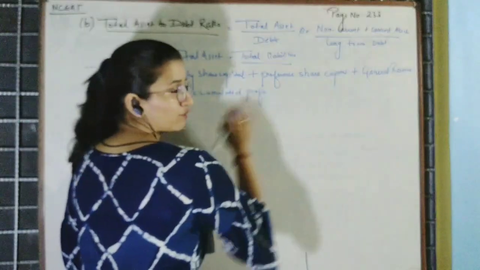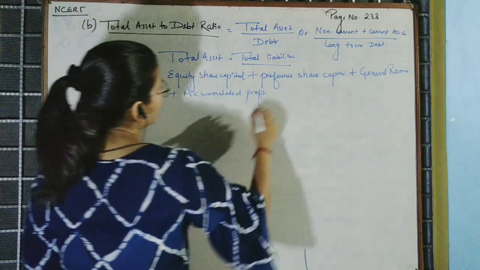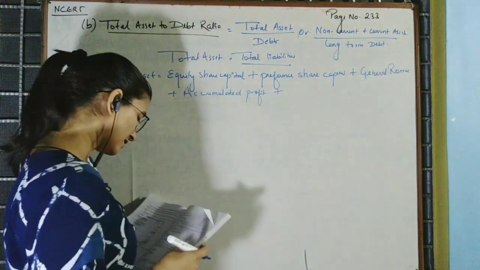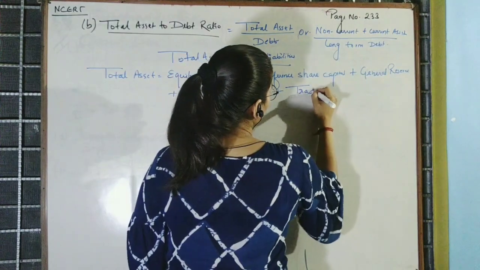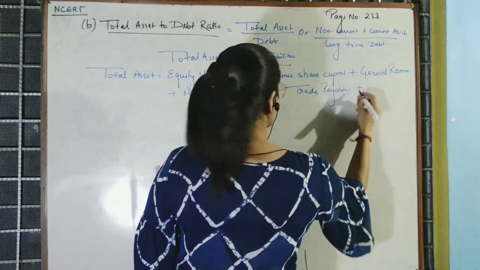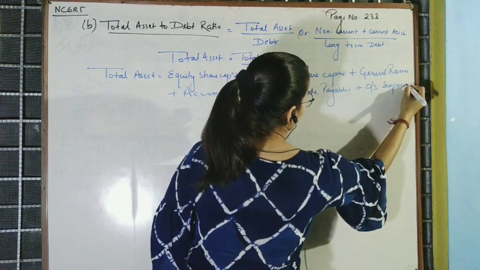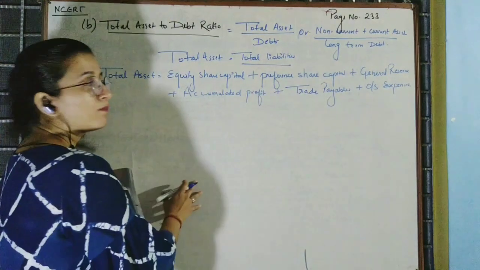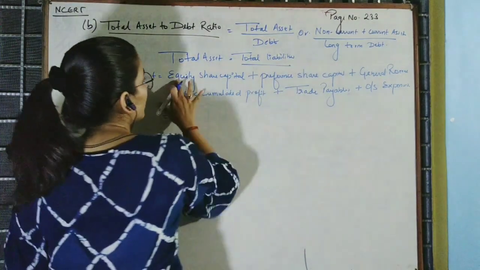This was the amount of total liabilities, but to calculate total asset, we will include current asset also. Current asset is given as trade payables, and outstanding expenses. So we'll put the amount of all the liabilities and current asset.